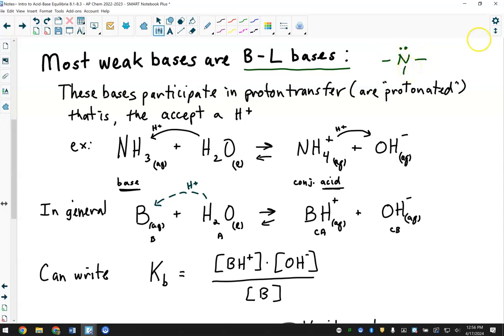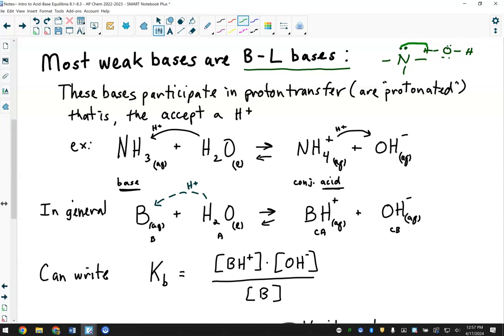Because if you recall, nitrogen has an unshared pair that can come up to water and pull that hydrogen off, in a Bronsted-Lowry type reaction. So most of the weak Bronsted-Lowry bases contain a nitrogen with an unshared pair like that. These weak bases participate in a proton transfer reaction. Sometimes they are protonated. That is, they accept a hydrogen.